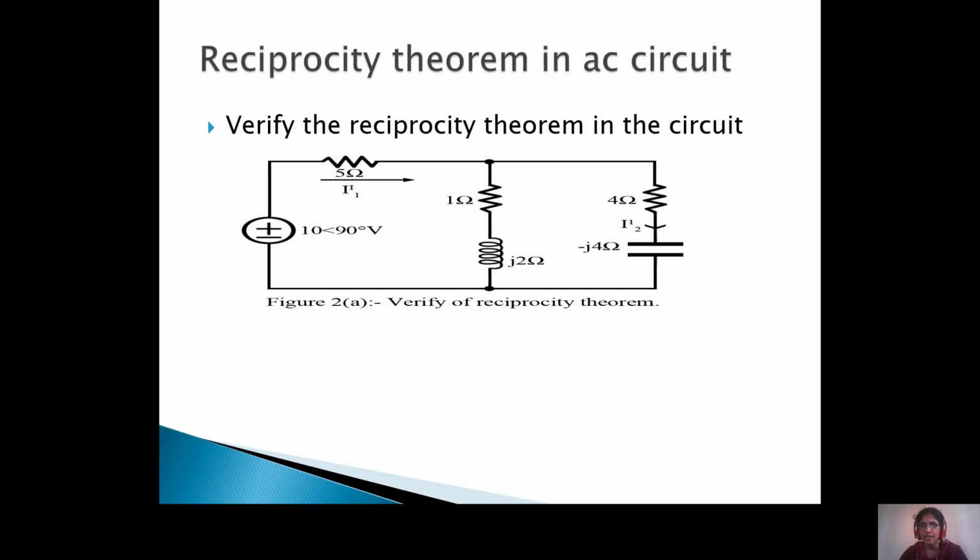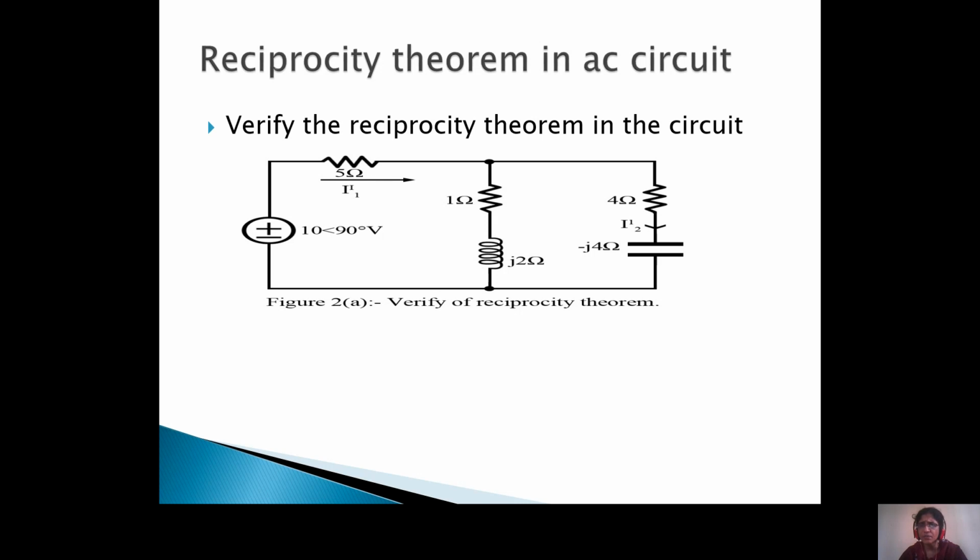Suppose the current I is flowing from this point. At the 5 ohm resistor, the total current will flow. At this point, the current will be divided. So some current goes through the 1 ohm, and some current goes through the 4 ohms. Whatever current flows through the 4 ohms, the same current flows through the minus J4 ohms.